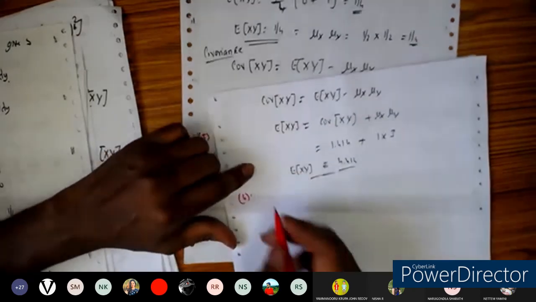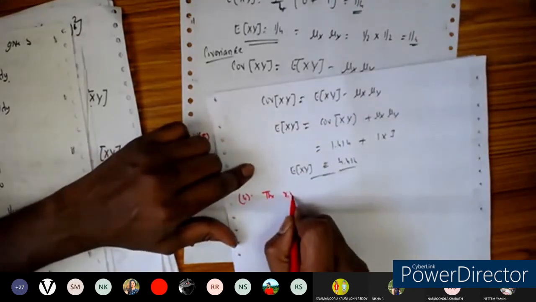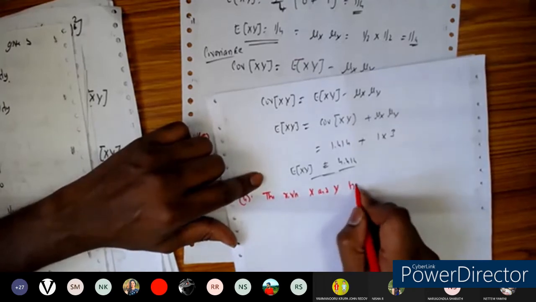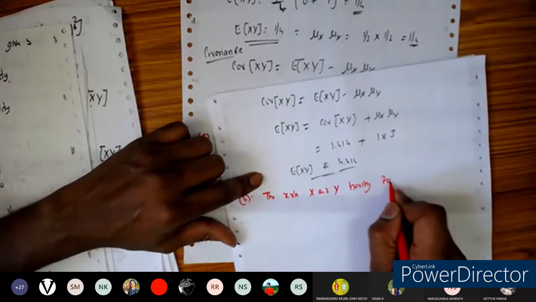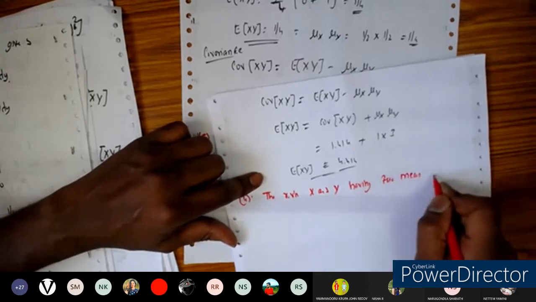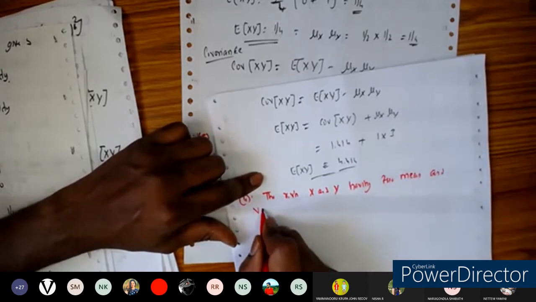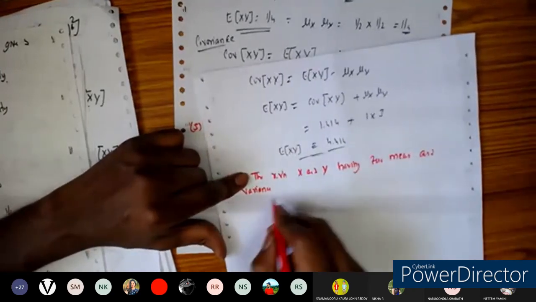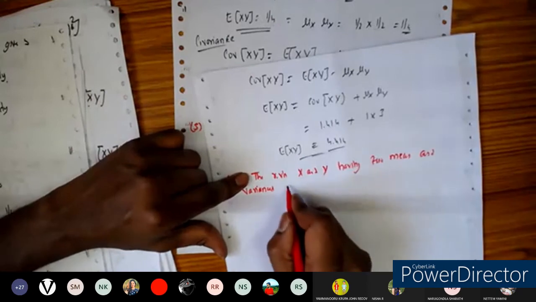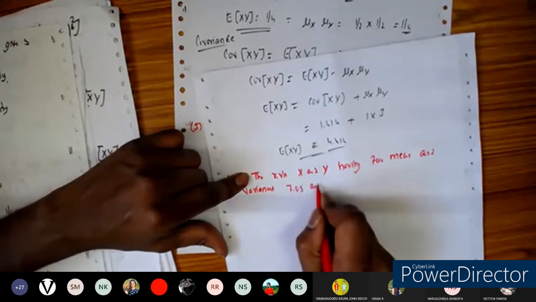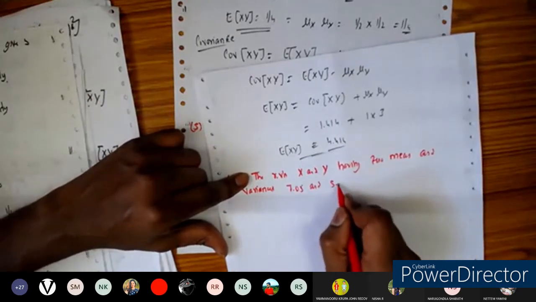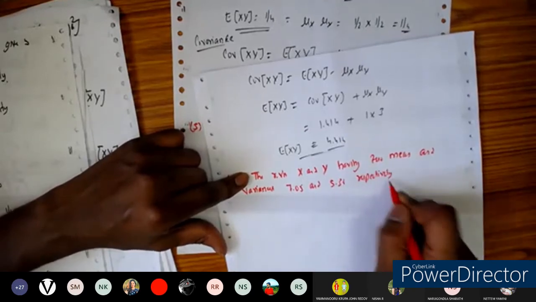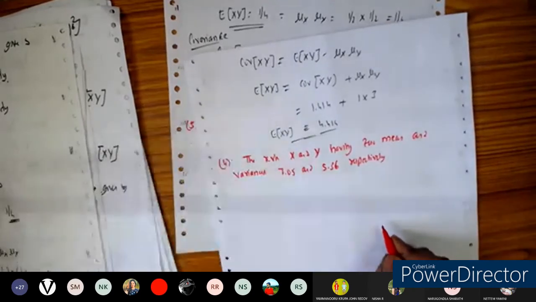The random variables x and y having zero mean and variances 7.05 and 5.36 respectively.